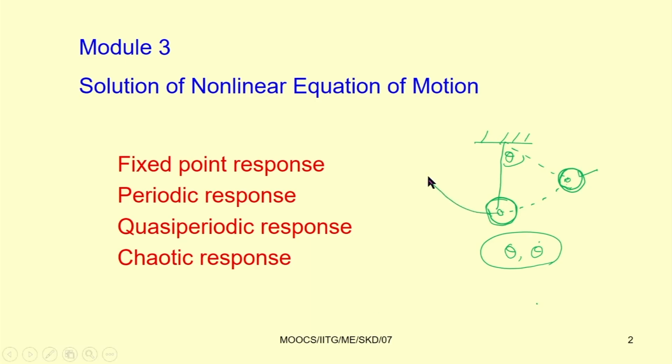If we go to the other position, similarly we can analyze that the angle is maximum but theta dot is 0. So in these positions theta dot equals 0, and here theta equals 0.